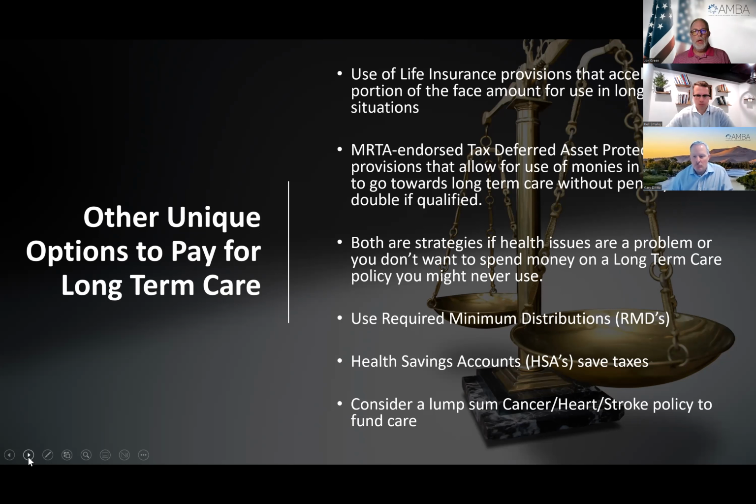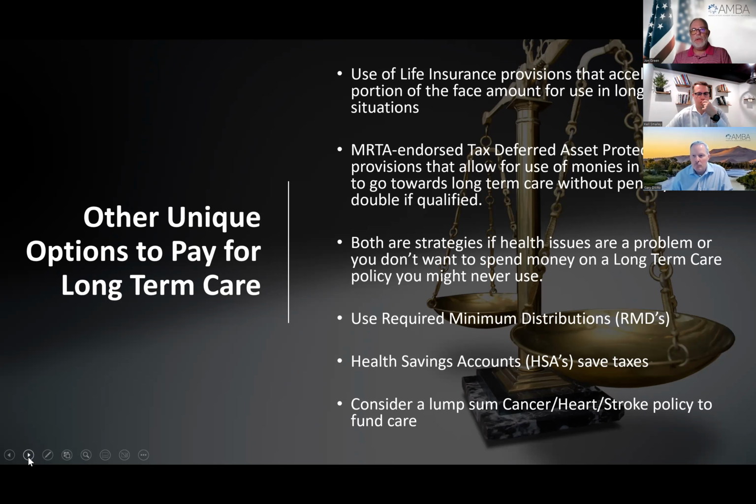You don't lose any money, but it gives you the ability to use money for long-term care, take money out as you need it, or depending upon if you're already taking money out and you have to have long-term care, it can double your payments that come out. So unlike your pension plan where you can't call the pension board and say, double my payment, you can use this plan to double your payment.